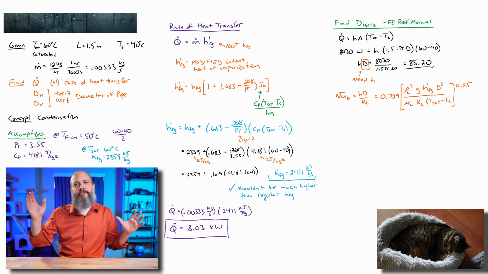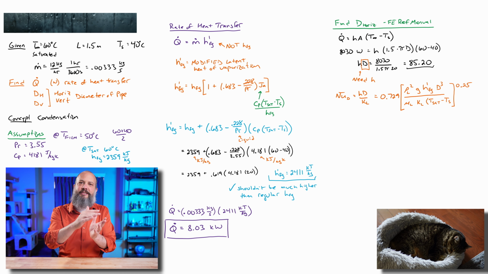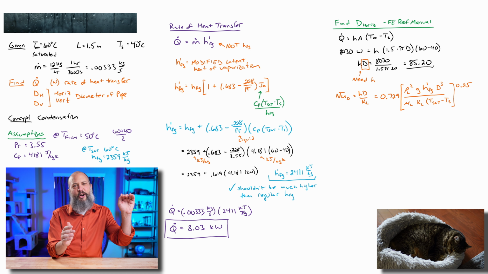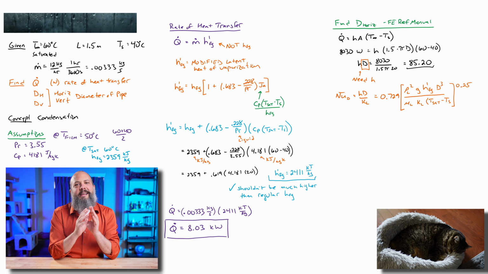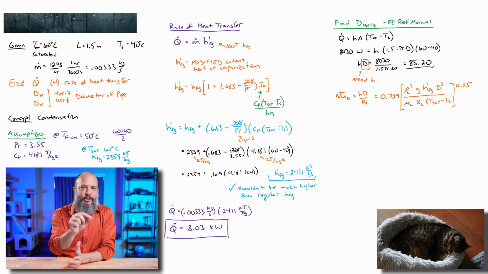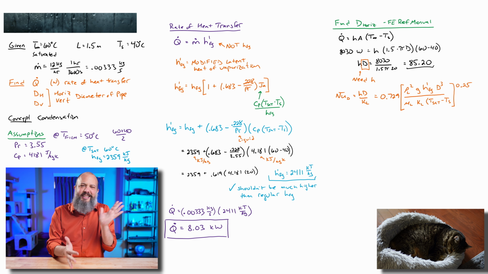We've conducted many thousands of experiments over hundreds of years, and researchers perform curve fits to find equations that fit our experimental data. And this is why you're going to find so many equations in your heat transfer textbook that have factors like 0.729 times this. It's just the equation that fit the curve.